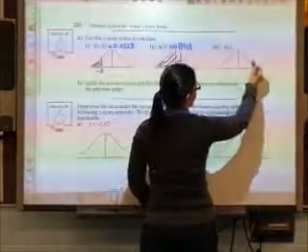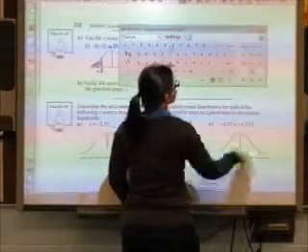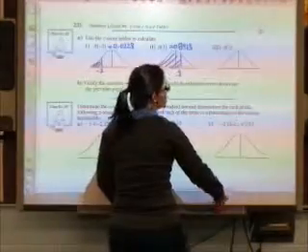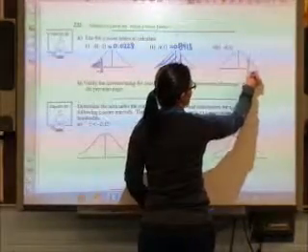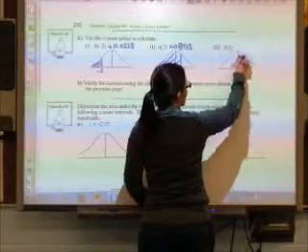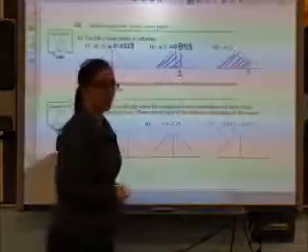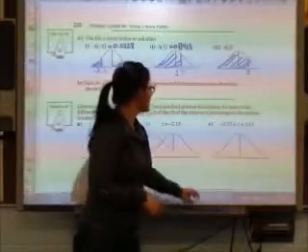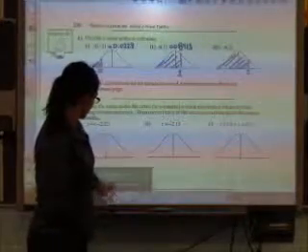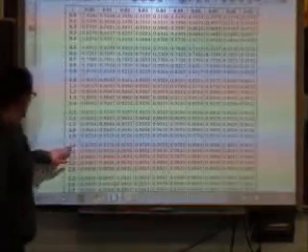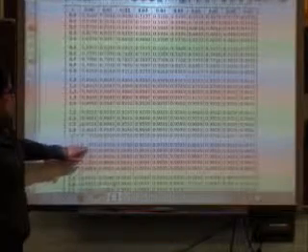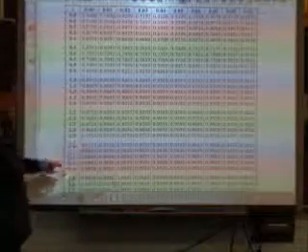And then if I wanted two standard deviations, the area to the left of the z-score of 2 would look like that. I look for 2.00, I get 0.9772.